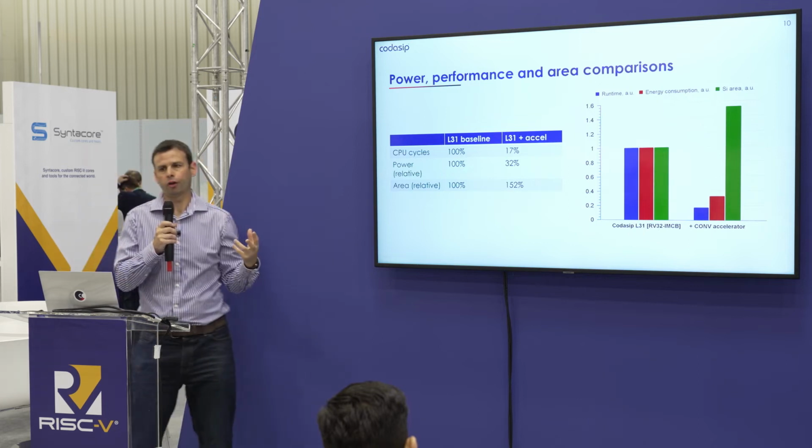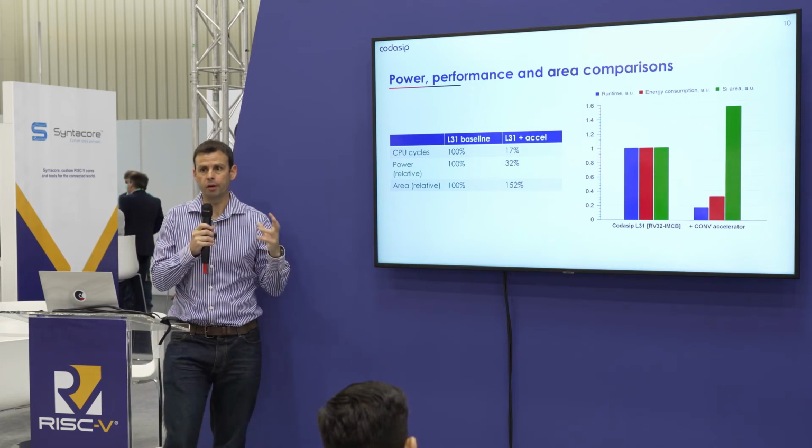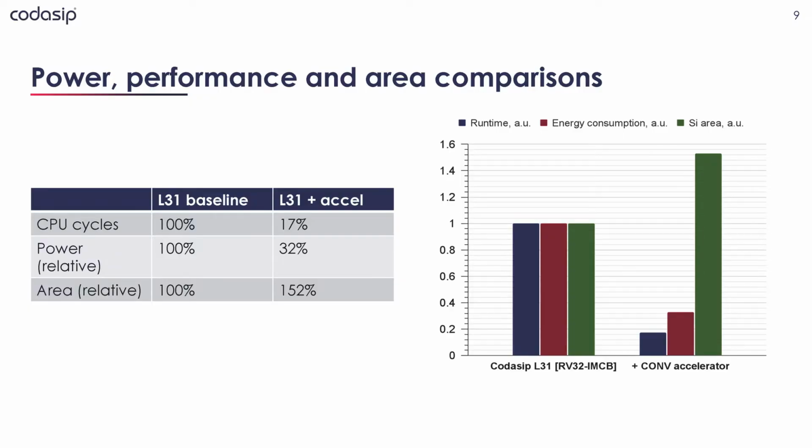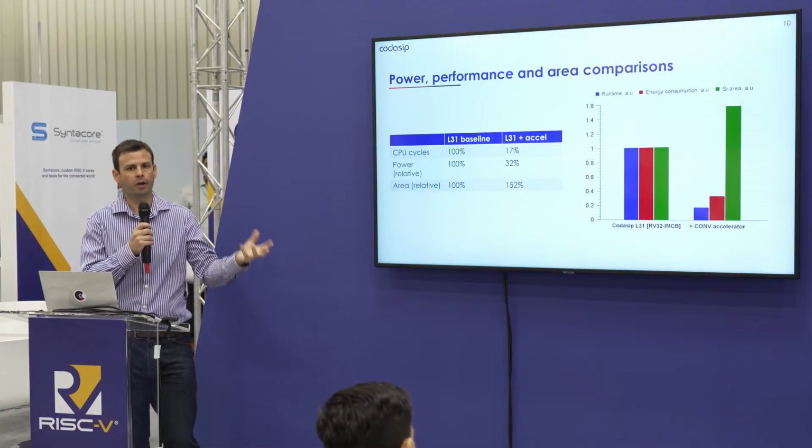So when we get to the crux of it, this gives some really compelling performance improvements just by adding these couple of very simple instructions to our existing core. And we can see we're getting a 5x performance improvement, we're getting a 3x power improvement, and yes, there is an area penalty.